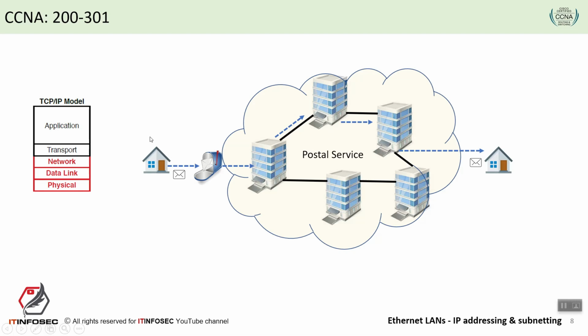When the sender puts a letter into the post box and it is received at the local post office, the post service sends that letter by the fastest and best way to the destination and delivers it to the receiver of the letter.